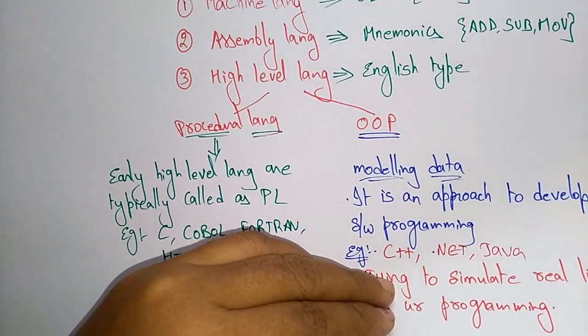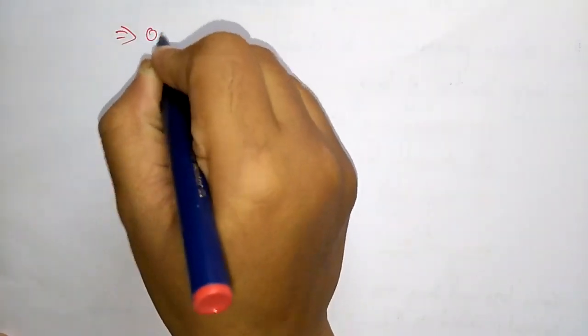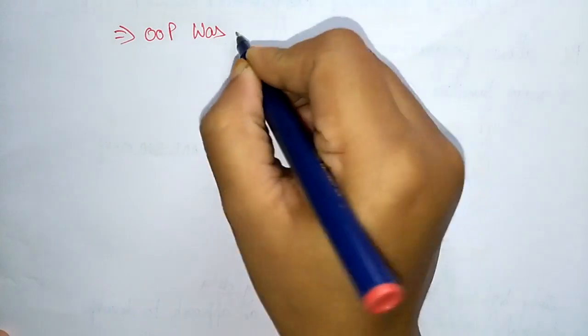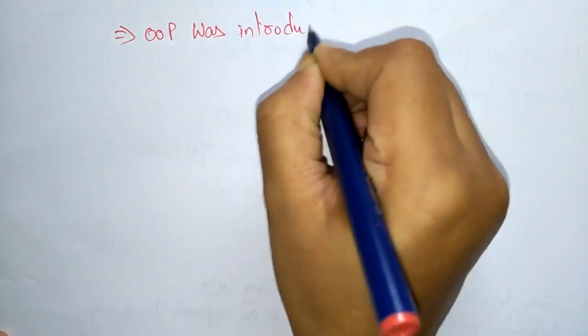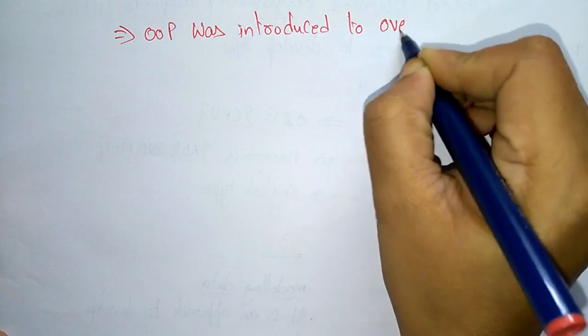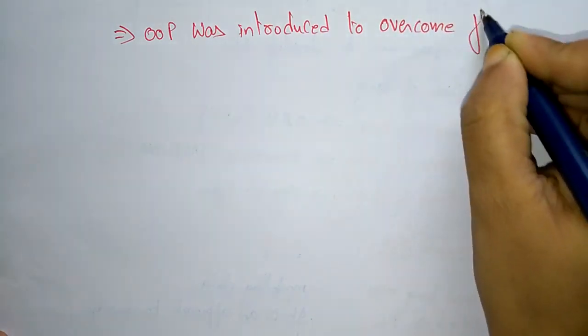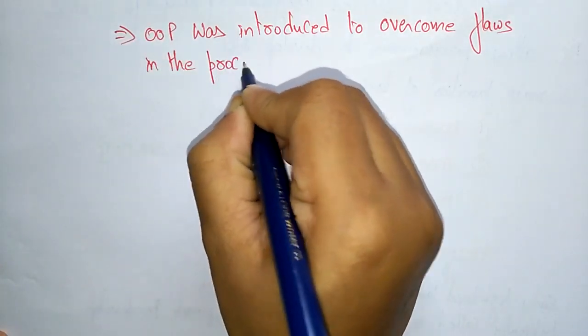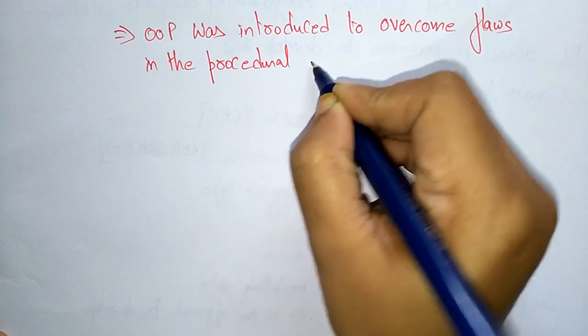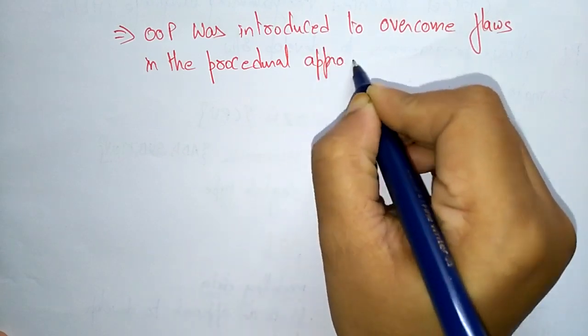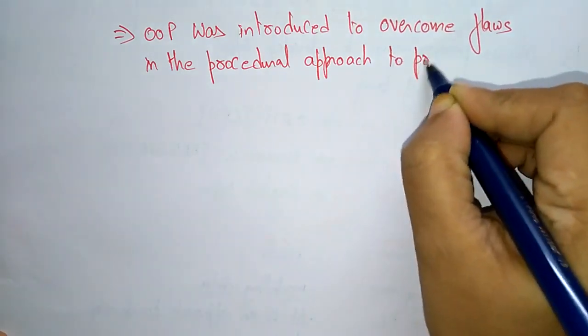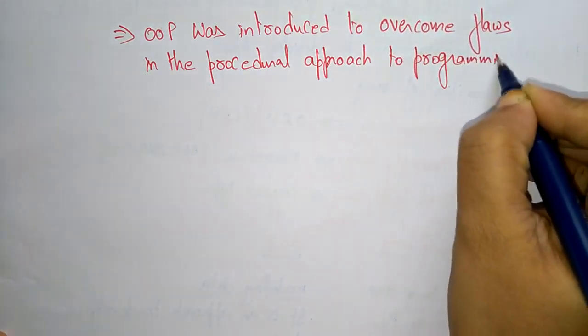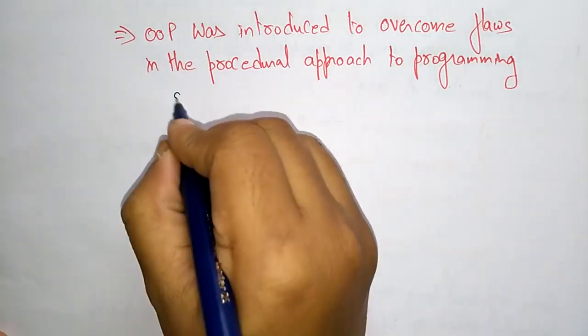What are those approaches OOPS follows to overcome the flaws, the drawbacks, in the procedural approach to programming? So the procedural approach to programming such as, what are those?